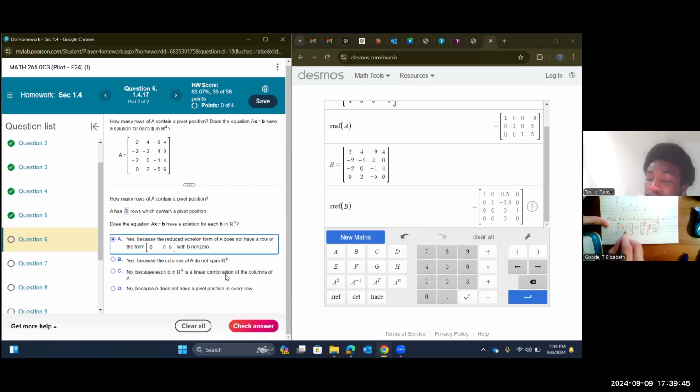And because there is not a pivot in every row of the coefficient matrix A, we only have these 3 pivot positions. Theorem 4 says these columns do not span R4.